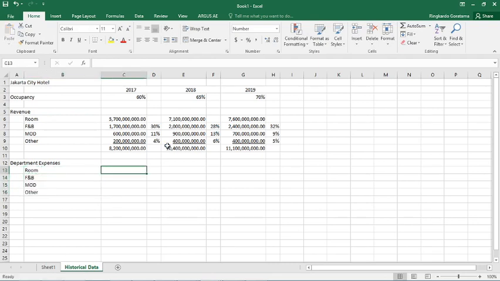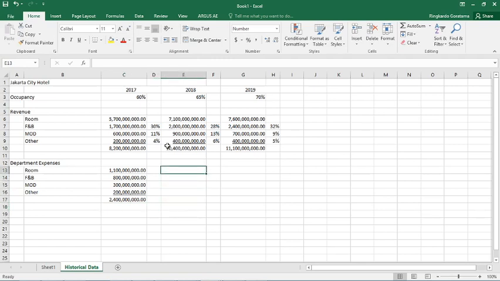So the information from the financial statement is 1,100,000,000, for example. The F&B expense is 800 million. This one 300, and this one 200. So the total will be 2.4 billion.